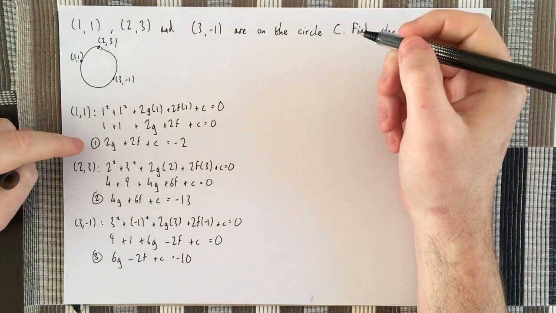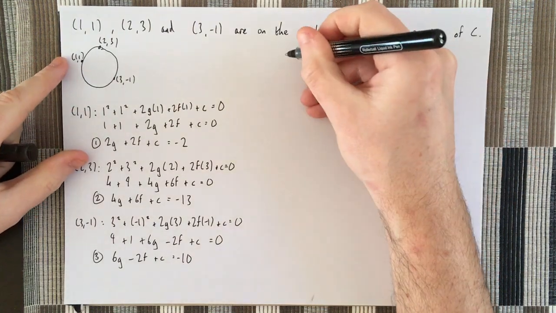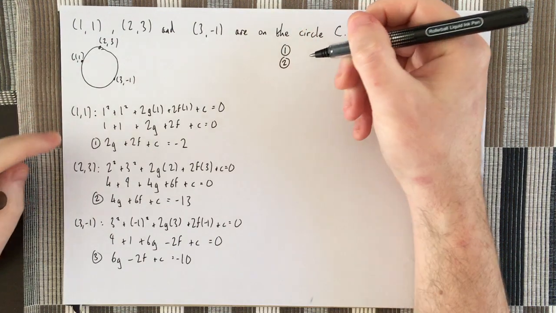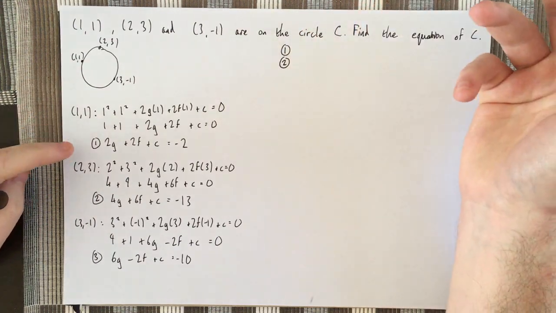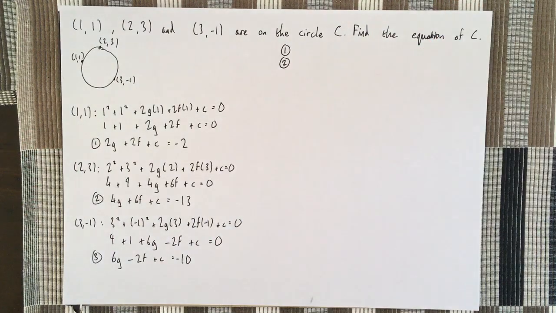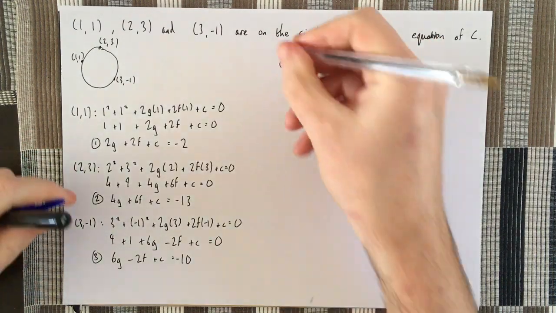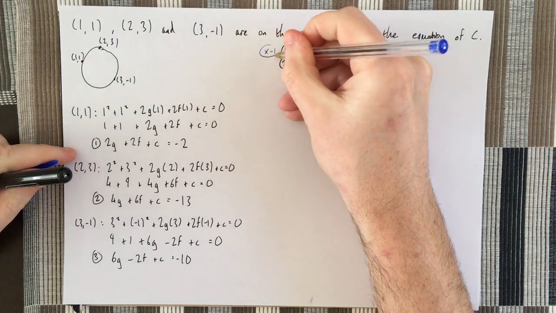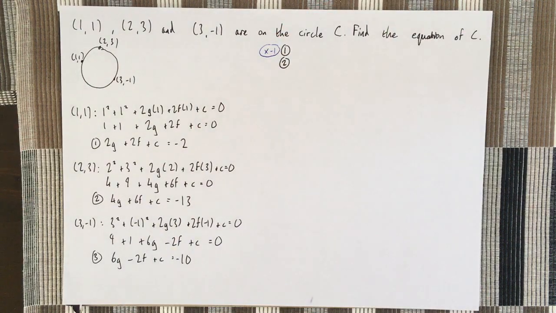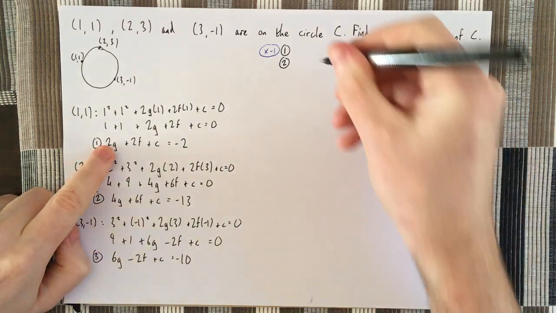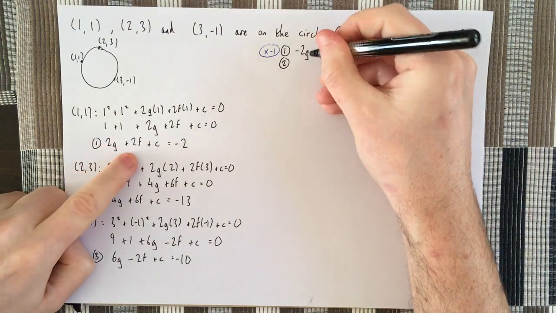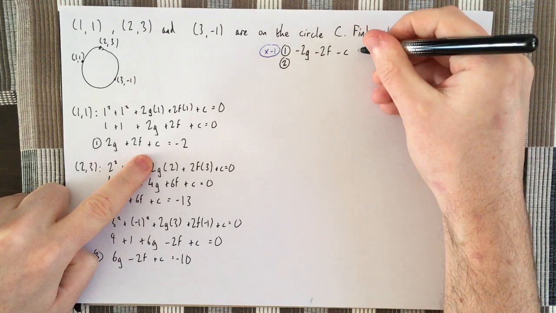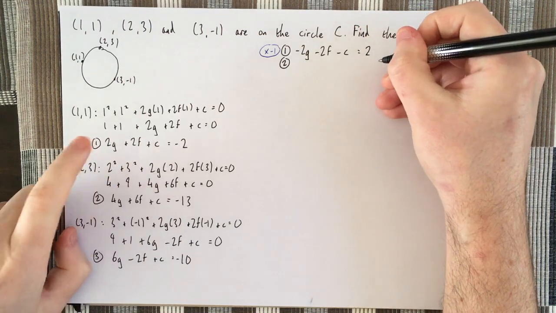So I'm going to look at equation 1 and equation 2. And what I'm going to do is change the sign in this first one. So I'm going to multiply the first equation by minus 1, just to change all the signs. So my 2g becomes minus 2g, my 2f becomes minus 2f, my c becomes minus c, and my minus 2 becomes plus 2.